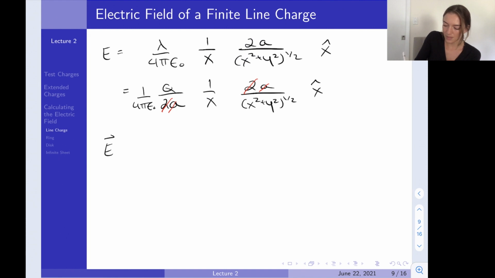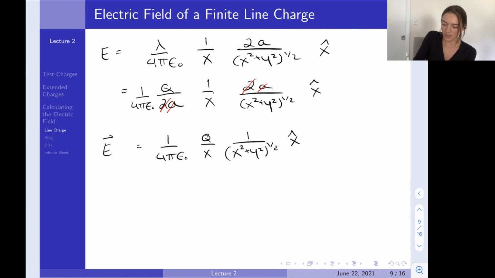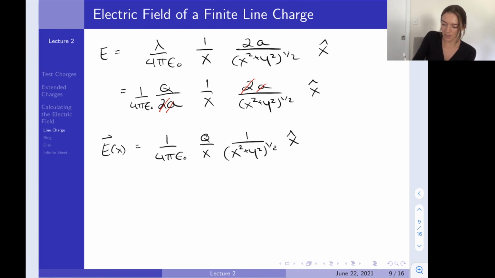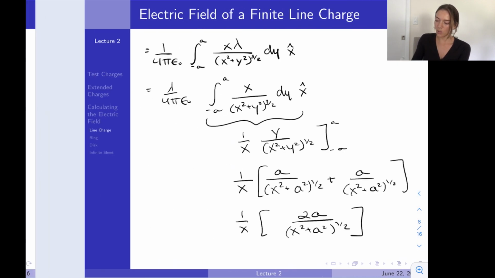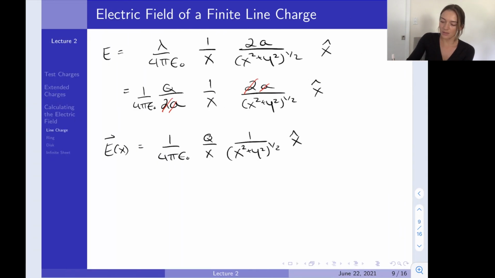E is equal to 1 over 4 pi epsilon naught, q over x, and then we have x squared plus y squared to the 1/2, and this is in the x direction. And then this is E of x, since we're looking at some point. We solved this for some arbitrary point along the x-axis, so our electric field is just E of x. And this is our final answer.